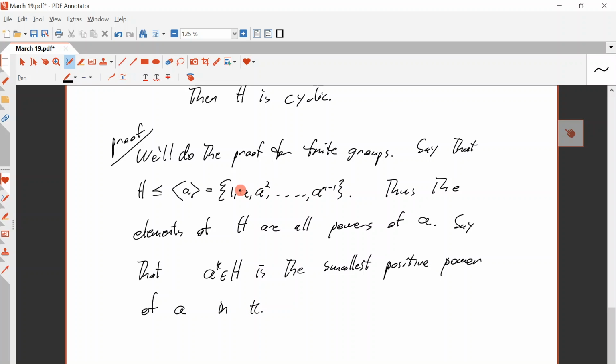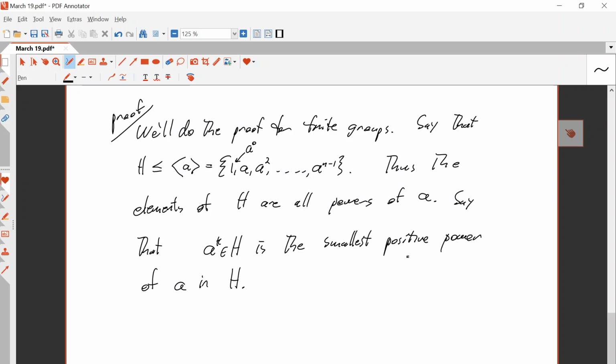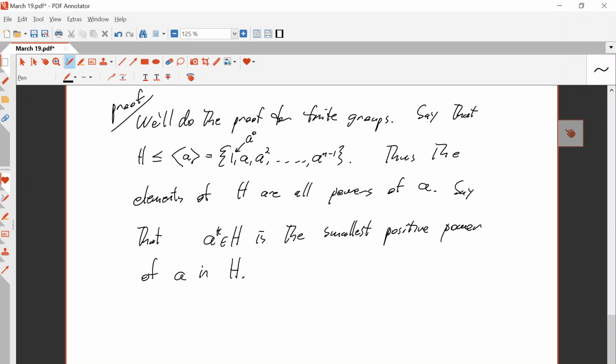You don't have negative powers, but of course 1 is A^0. Well, it could be that H is just the identity element. That's a subgroup, and of course it is cyclic, but that's not worth belaboring, so we'll just assume it's not just the trivial group. So say that A^k is the smallest positive power of A in H.